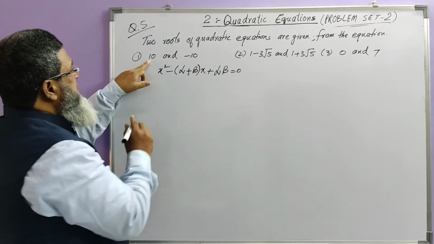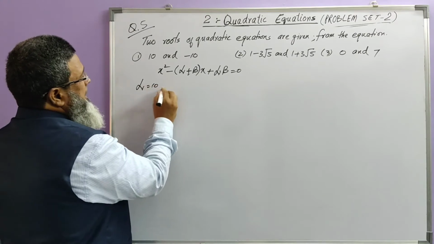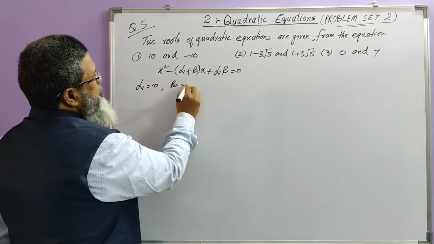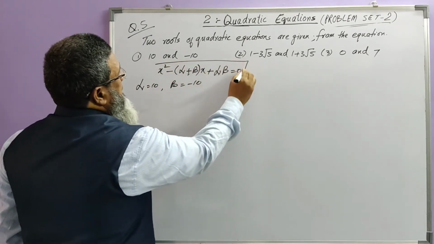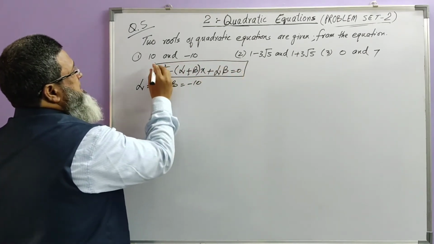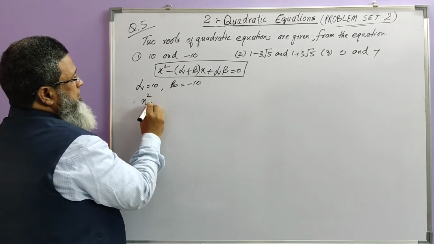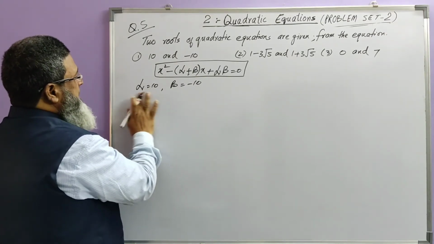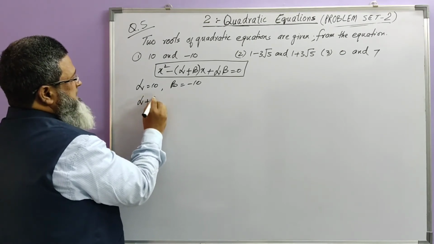See, in this question, suppose alpha is equal to 10 and beta is equal to minus 10. So put the given alpha and beta in this equation. Find the value of alpha plus beta.